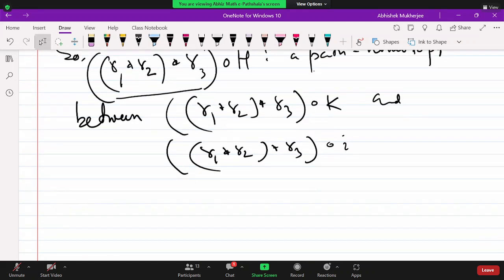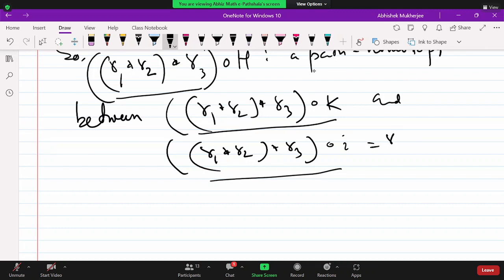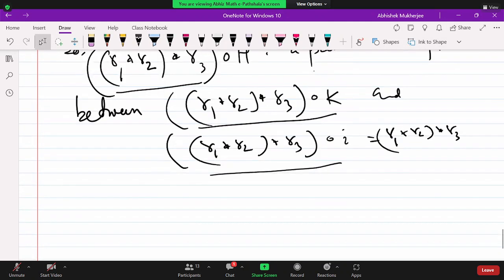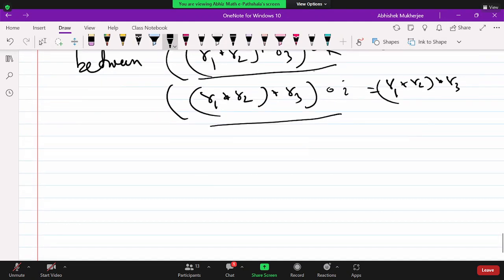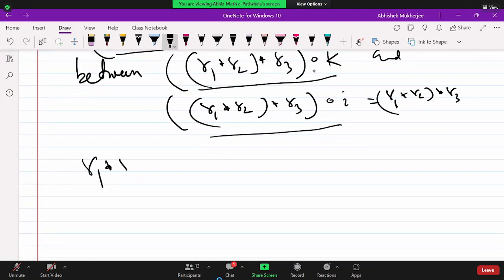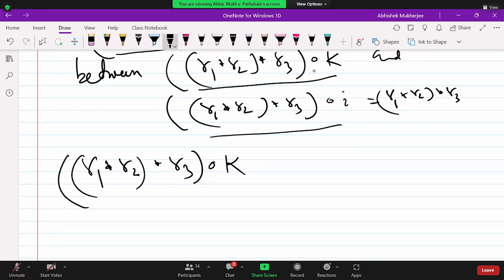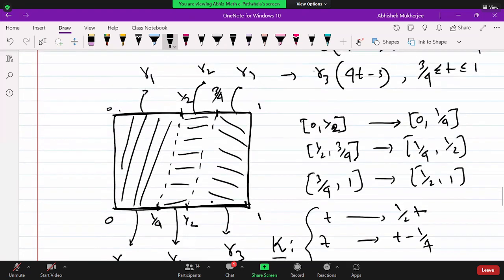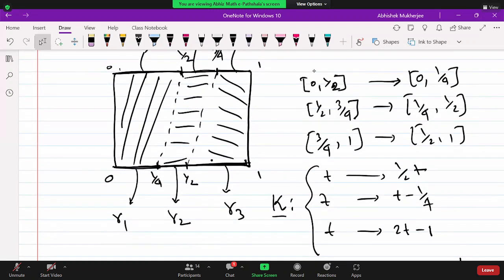Now you need to compute this one. This part is obviously gamma 1 star gamma 2 and then star gamma 3. But by definition, what is gamma 1 star gamma 2 star gamma 3 composed with K? Now look at this function K. It is sending that 0 to half part to 0 to 1 by 4.